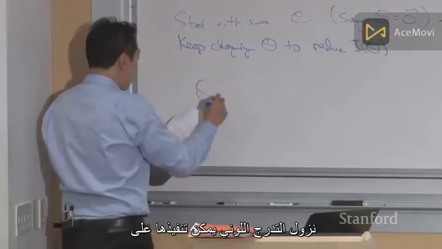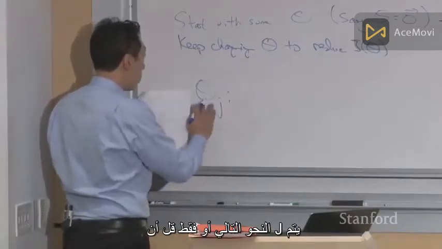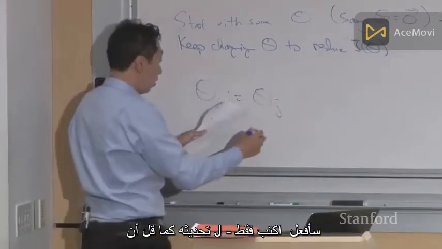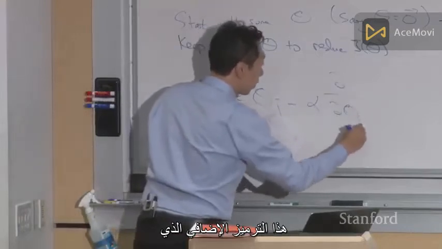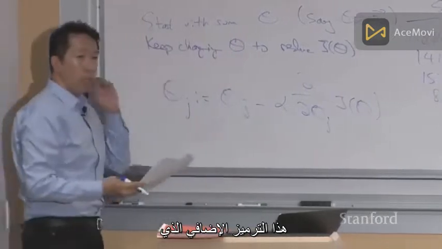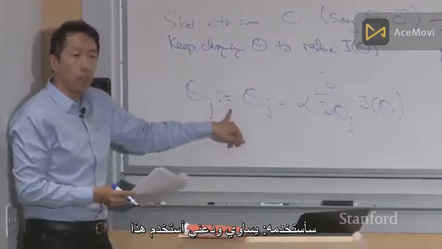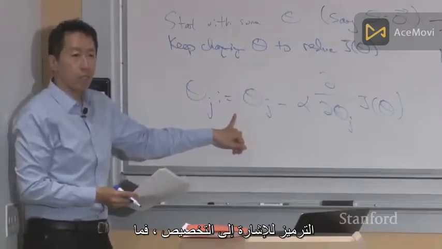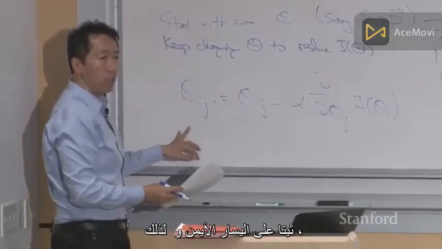One step of gradient descent can be implemented as follows, which is theta j gets updated as theta j minus, I'll just write this out. Okay, so a bit more notation. I'm going to use colon equals to denote assignment. So what this means is we're going to take the value on the right and assign it to theta on the left.